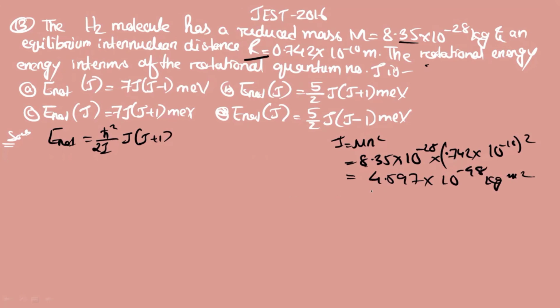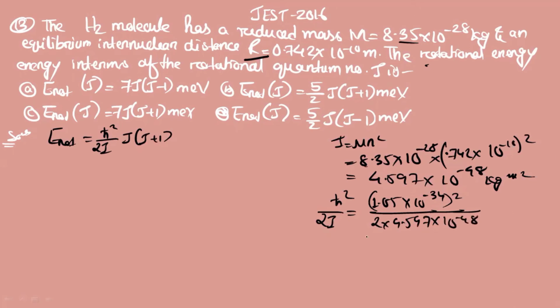So finally, you will have to calculate h cut square by 2I. H cut is 1.05 into 10 to the power minus 34, divided by, this is whole square, and here you have 2 into 4.597 into 10 to the power minus 48.